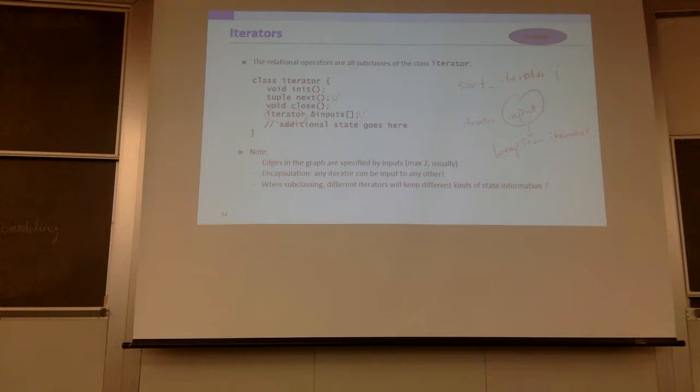Then they get pushed up all the way to the top. That's why it's called a volcano model. If you talk about this kind of data flow diagram to database people, they will tell you, oh hey, this is a classic or traditional volcano model.